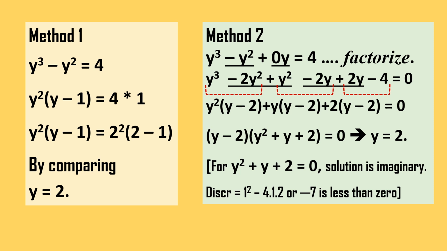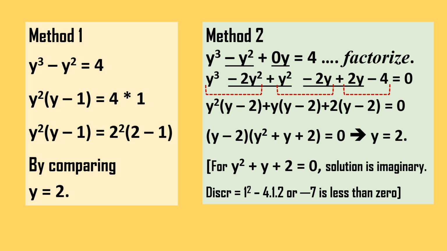That is equal to 0. So y square into y minus 2 plus y into y minus 2 plus 2 into y minus 2 equal to 0. Now take out y minus 2 as common factor. So y minus 2 into y square plus y plus 2 equal to 0. That is y equal to 2.